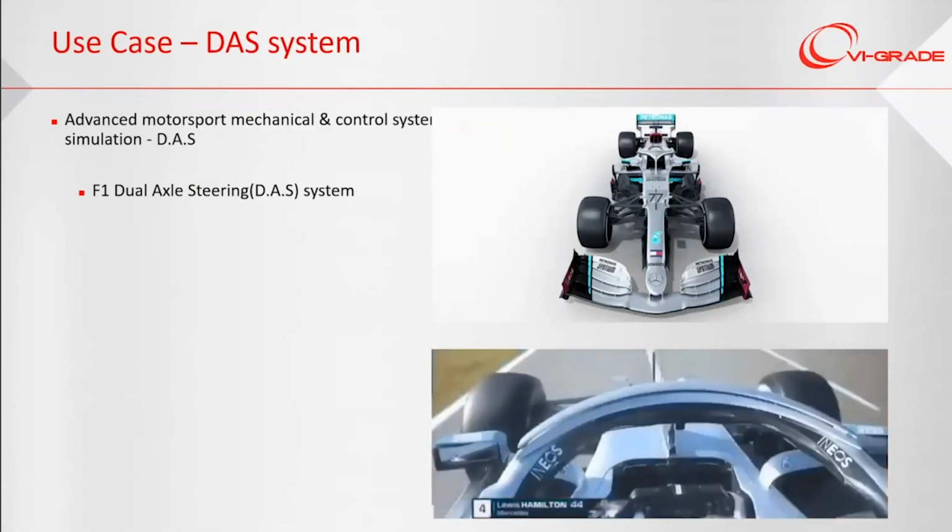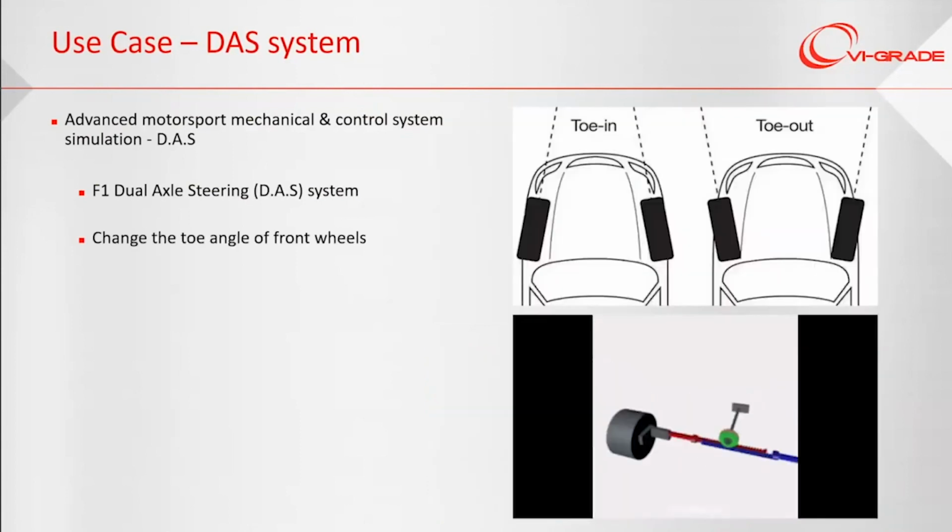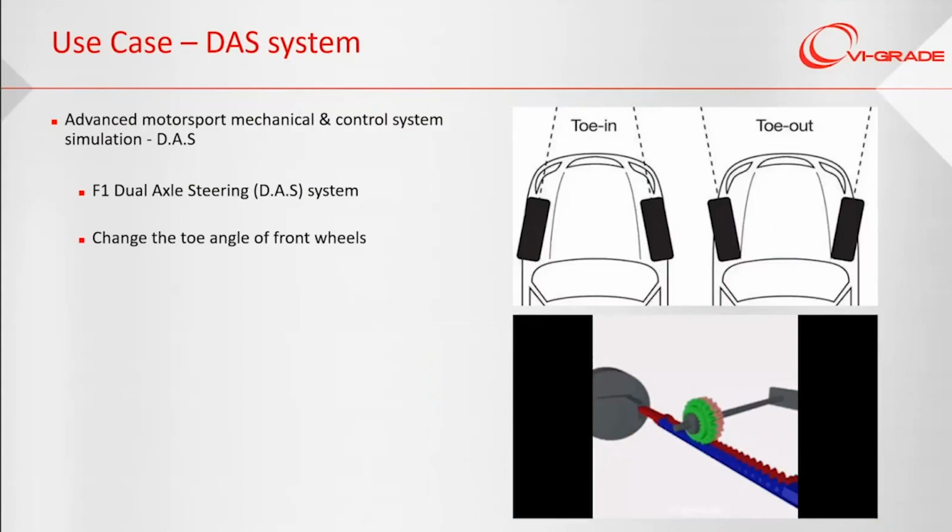As we may already know, the race driver pulls out the steering wheel on the long straight line, and then the toe angle of the front wheel will change simultaneously. There have been a lot of guesses about the mechanism behind this. And here on the right side is just one of the speculations.